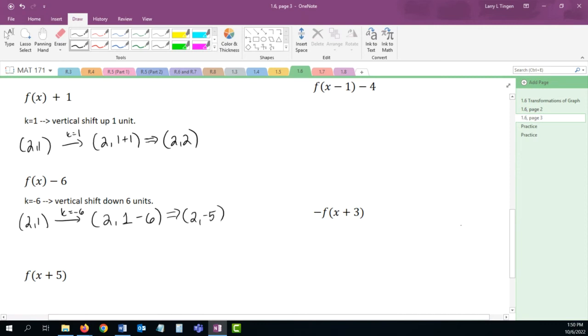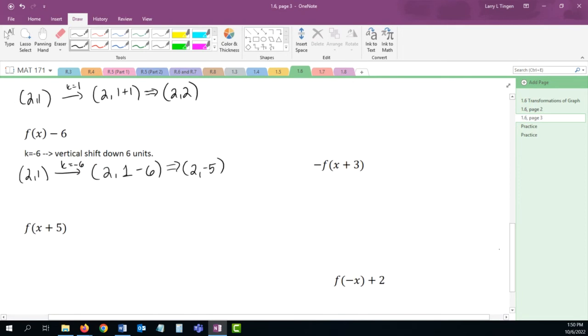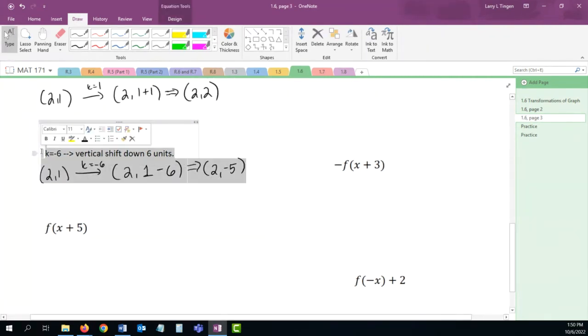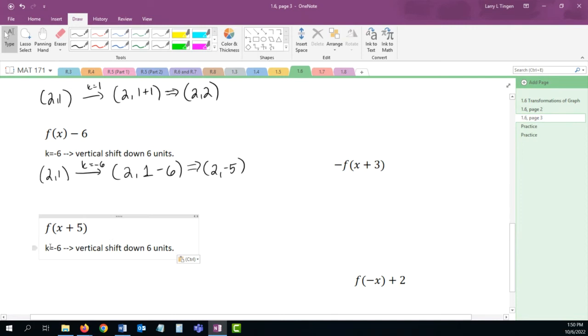How about the next one? Okay, f of x plus 5. This is the first time we've seen it on the inside. So what letter from our previous work corresponds to that addition on the inside? Well, that's h. So h is 5.